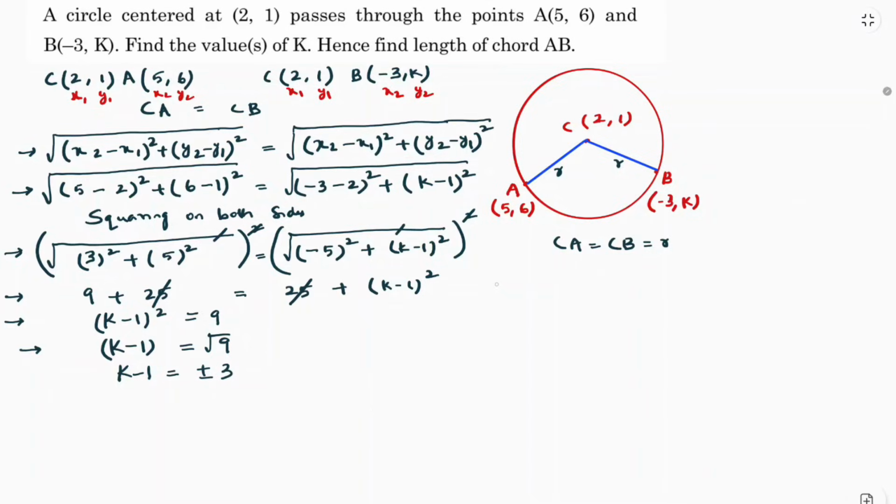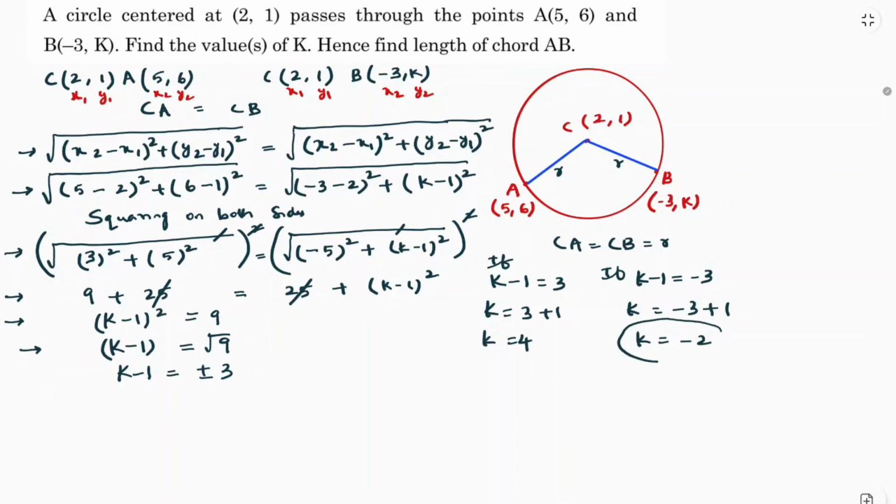So if I take k minus 1 equal to 3, or k minus 1 equals minus 3. So k will be 3 plus 1, k equals 4. Here minus 3, if I transpose, minus 1 will become plus 1, k equals minus 2. These are the two values. k equals minus 2, k equals 4.